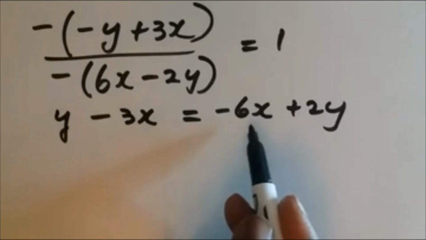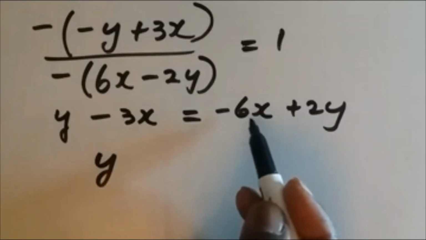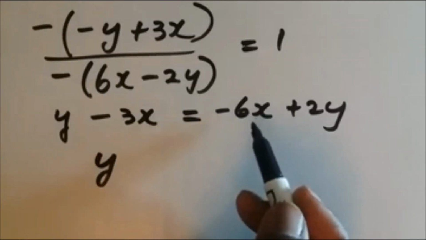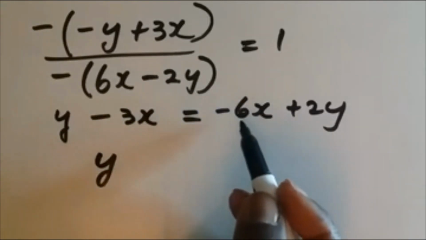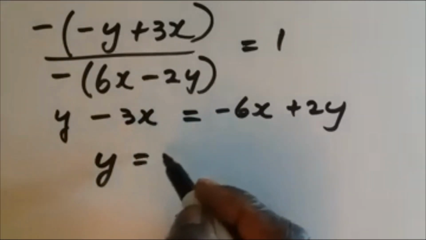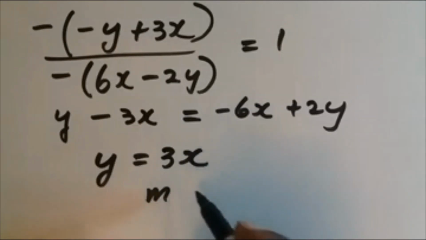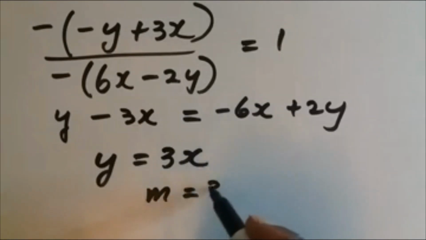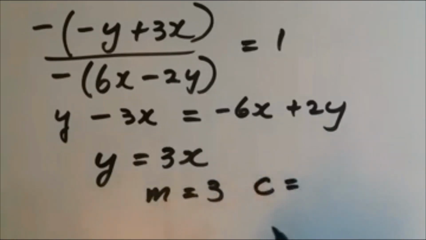We'll now move the 6x by adding 6x to this side, and that will be taken away. That becomes positive 6x on this side, and now we have 6x minus 3x, which will give us 3x. So the equation of the line is y is equal to 3x. We have m as the gradient, which is equal to 3, the coefficient of x, and c, the y-intercept, is 0.